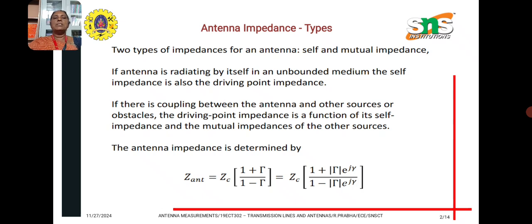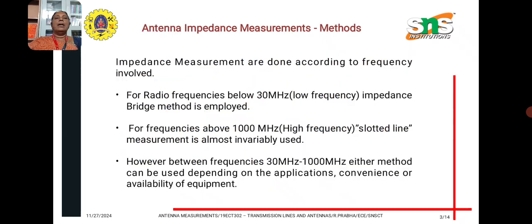The antenna impedance is determined by the formula Z antenna is equal to ZC (1 plus capital gamma) by (1 minus capital gamma), or it is equal to ZC (1 plus capital gamma e power j gamma) divided by (1 minus capital gamma e power j gamma). And antenna impedance measurement methods involve the frequency.